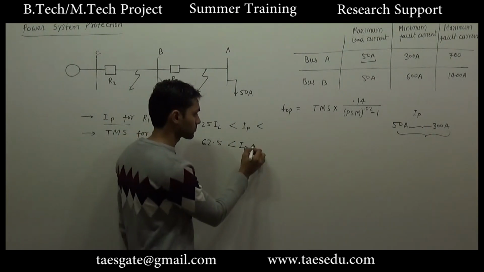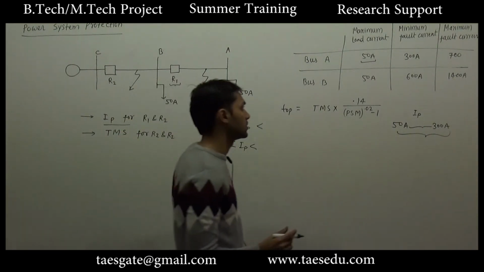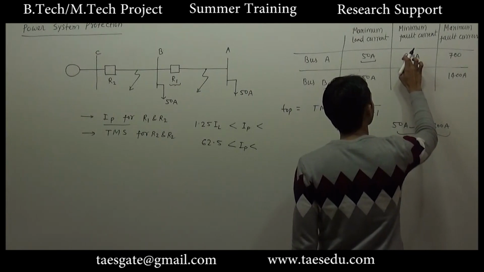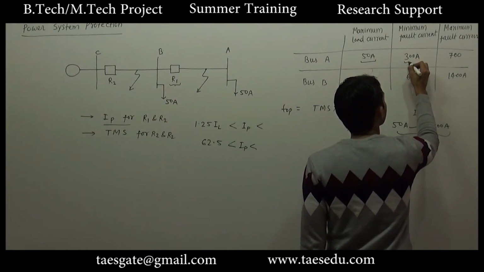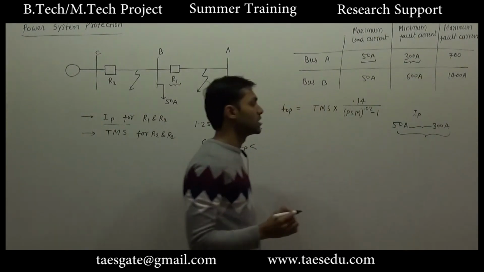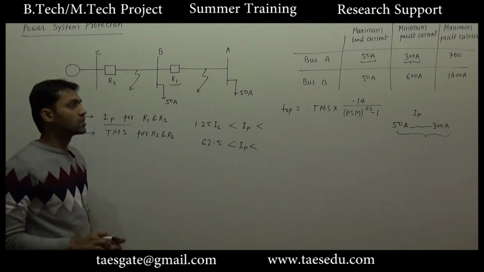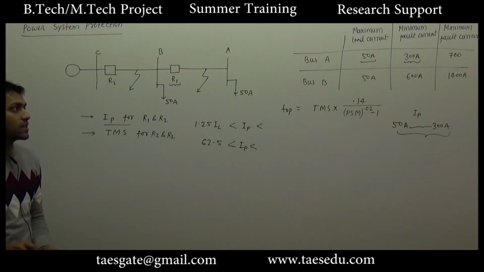Now let's say you have the minimum fault current. At the minimum fault current, you want the relay to operate.